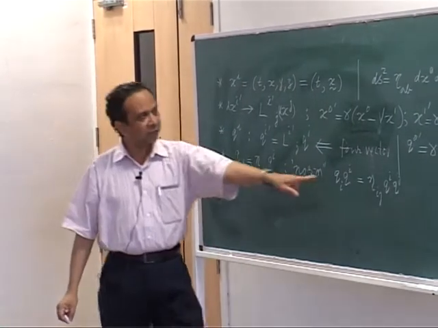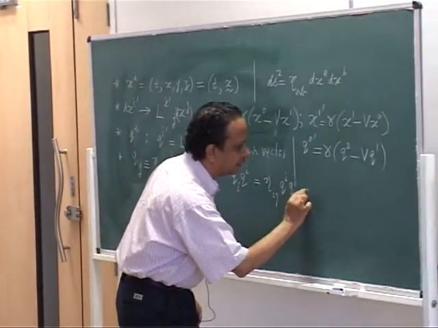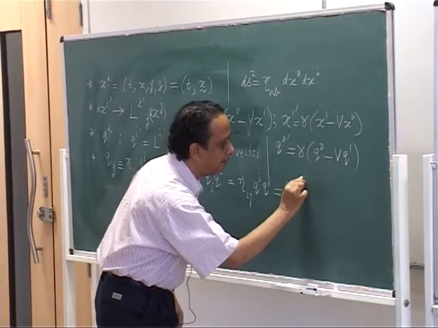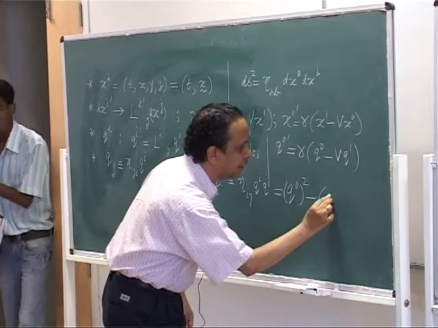Okay. And because we know the structure of eta_ij, this is also equal to q_0 squared minus the spatial part, |q| squared.